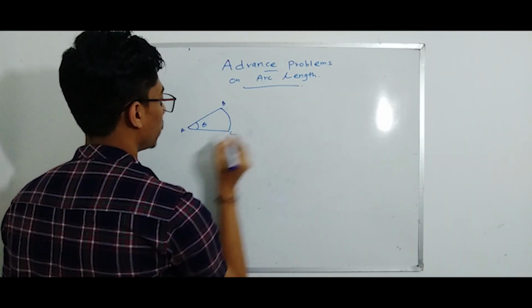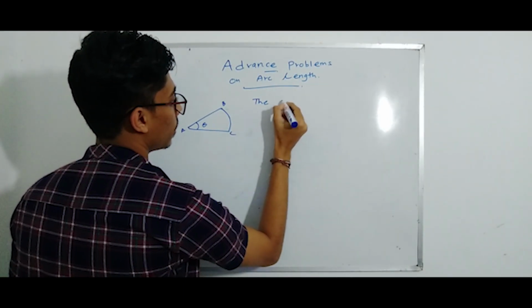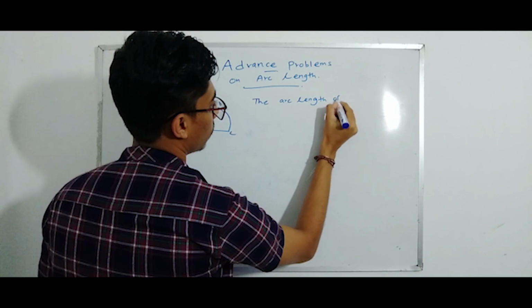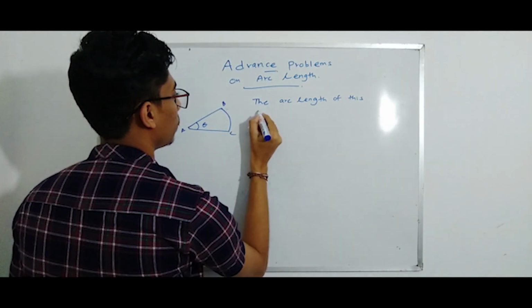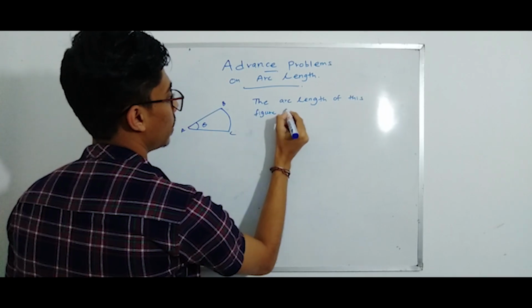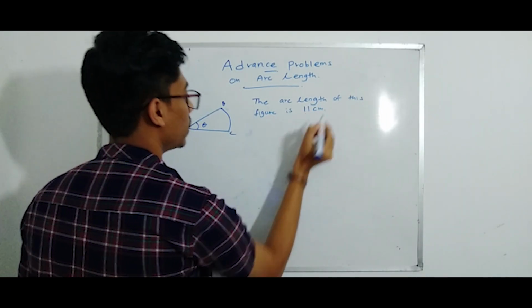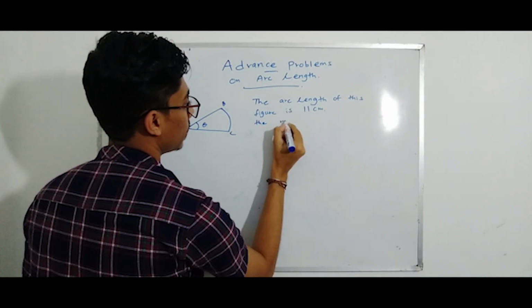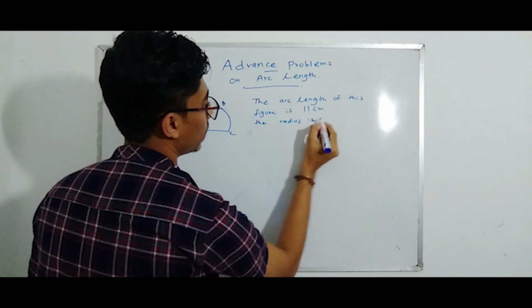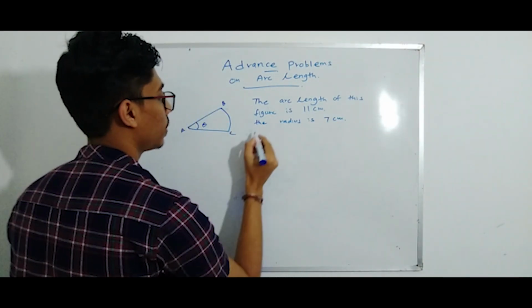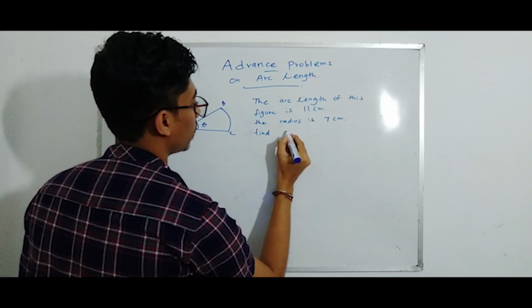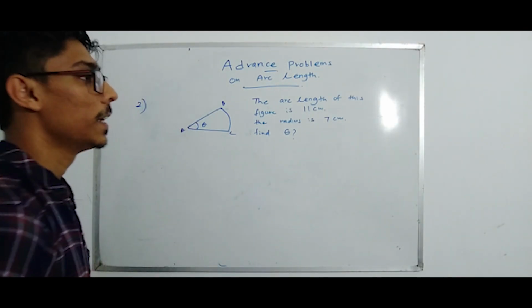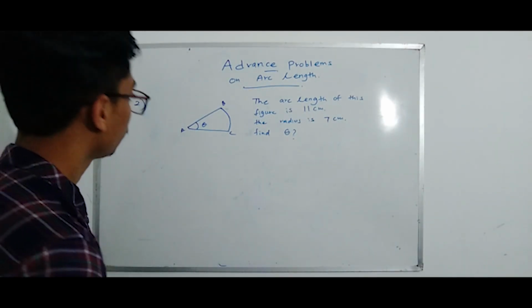The arc length of this figure is 11 centimeters, and the radius is 7 centimeters, theta, right? So you need to find what theta is, right?